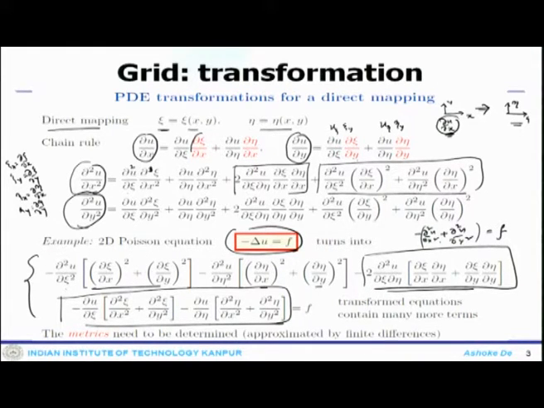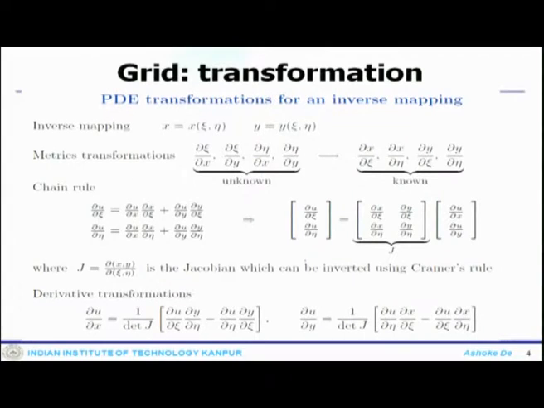Once I transform that, I get del 2 u by del xi 2 with some square term, del 2 u by del eta 2 with some square term, and some additional terms, which appear because of this transformation, so you need some sort of a matrix correlation to do that calculation. Now, how do you transform that?